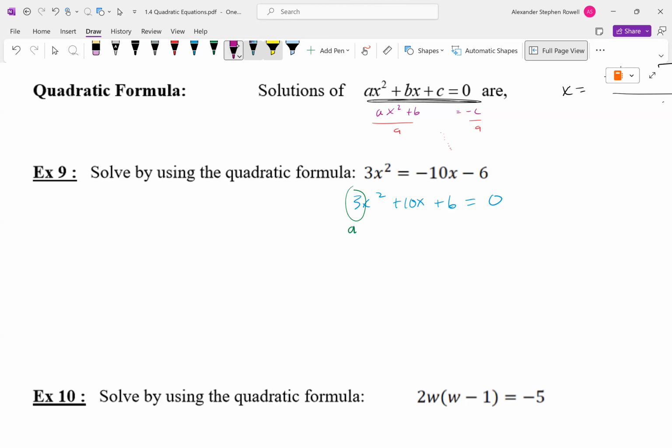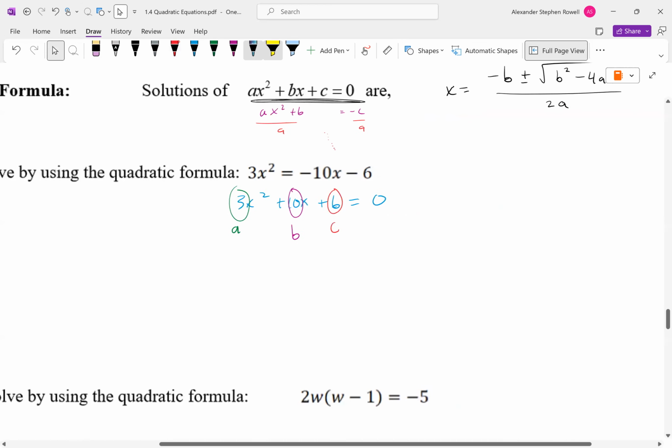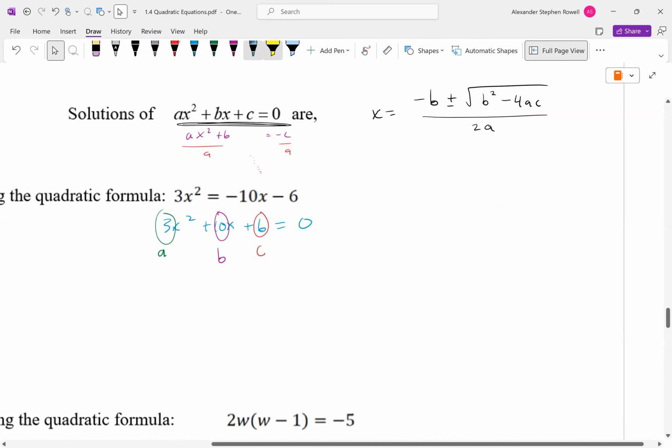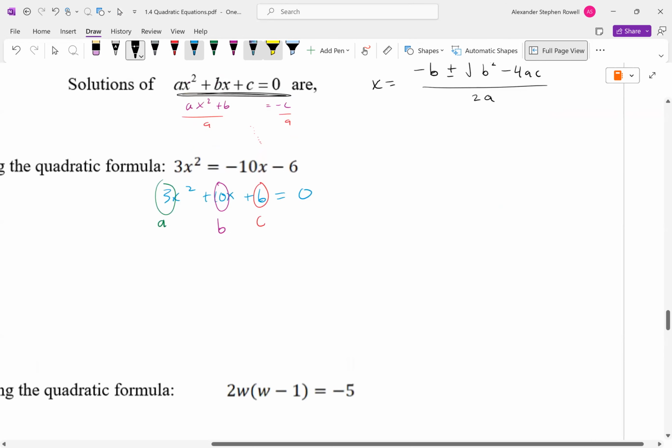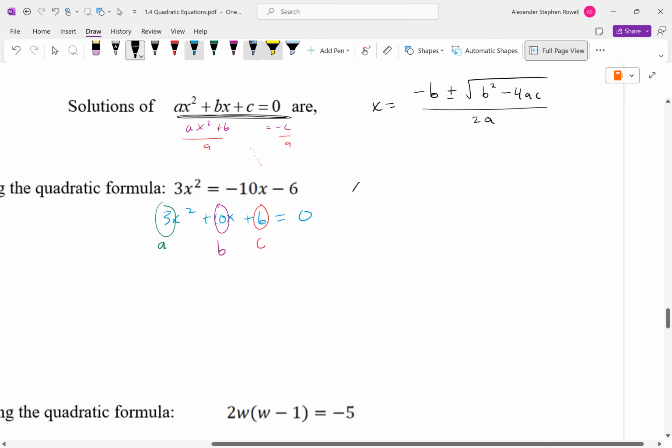A, B, and C. So now let's go ahead and apply this formula. X is equal to negative what? Okay, negative 10, very good.